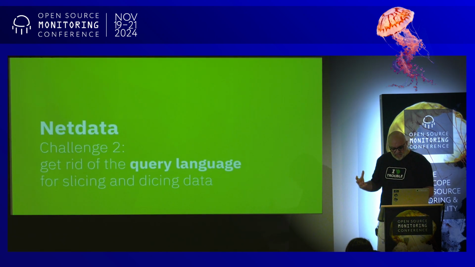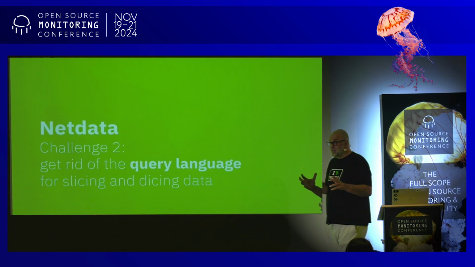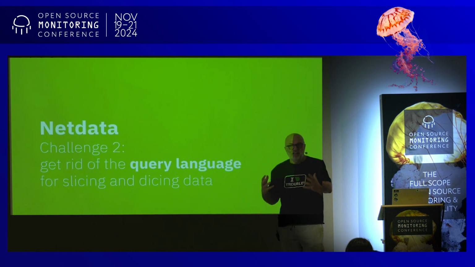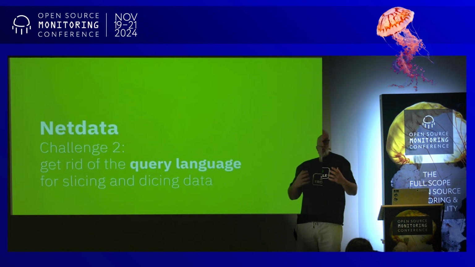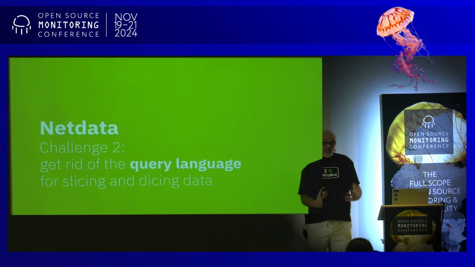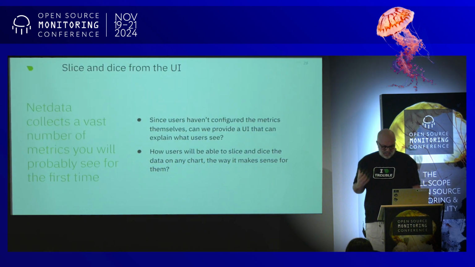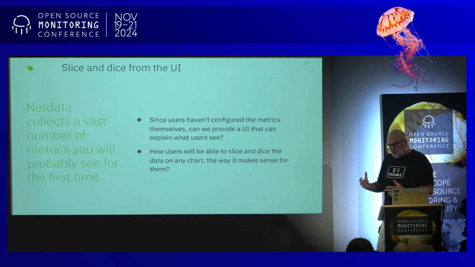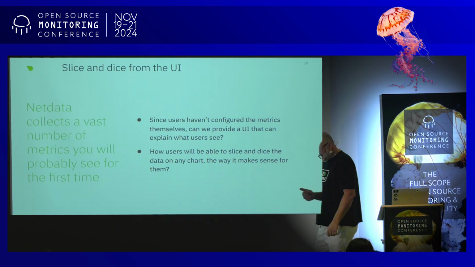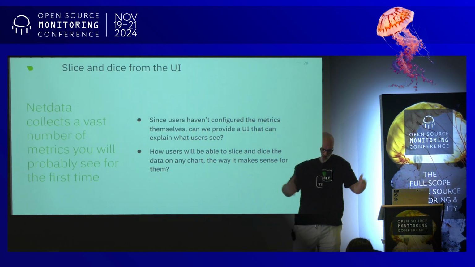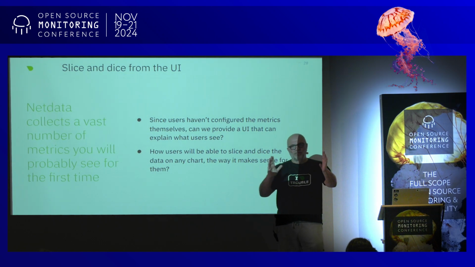Now, how to get rid of the query language? That's a big problem. The learning curve of observability goes through learning a query language. Can we get rid of it? We did, actually. And this was another problem that we had. You install Netdata, thousands of metrics, visualized with alerts, and then you see a dashboard.